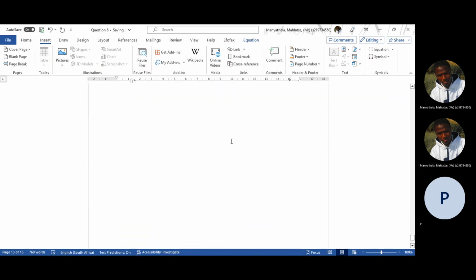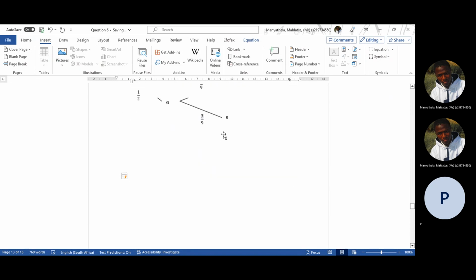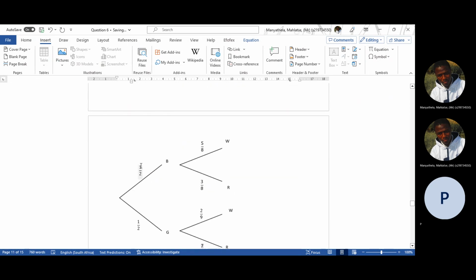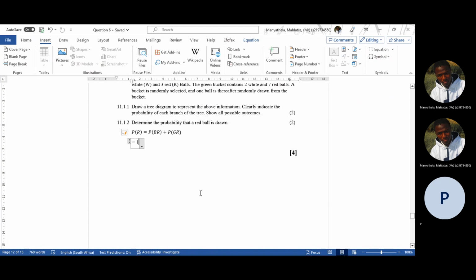Okay. Where's that tree diagram? So it's 1 over 2 times 3 over 8. And then we have 1 over 2 times 7 over 9.